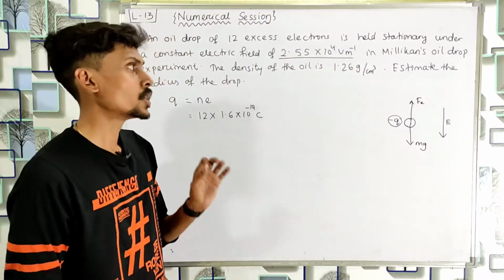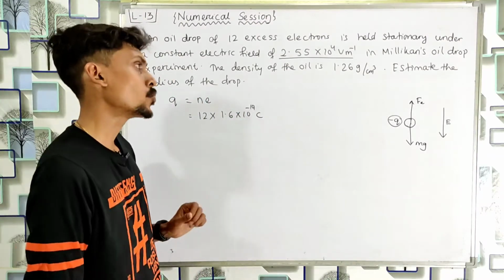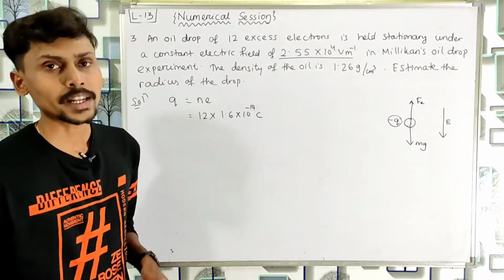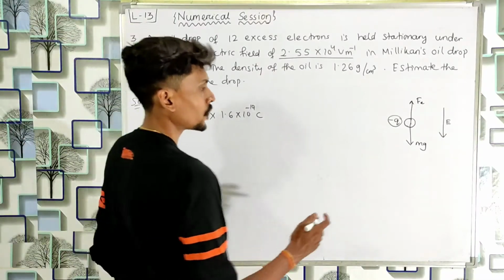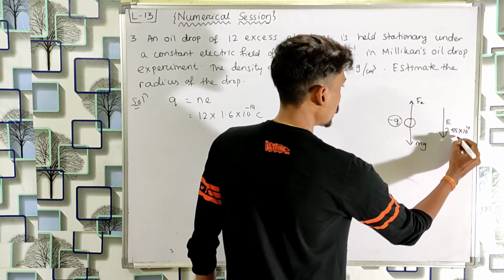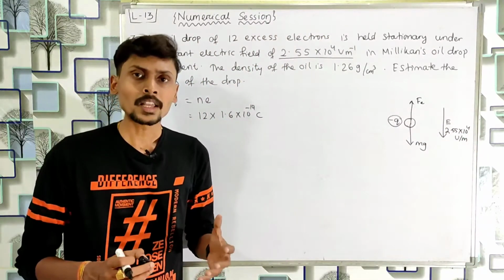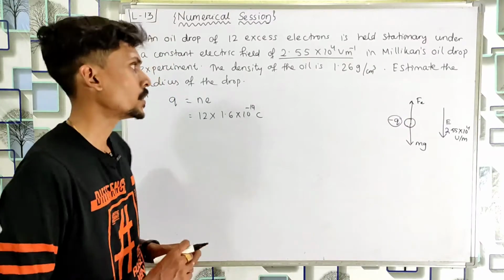Is that clear? So in the question it is given that Fe and mg have equal magnitude and opposite direction. And what is the electric field? Electric field is 2.55 into 10 to the power 4 volt per meter. So the unit of electric field is Newton per coulomb or volt per meter.